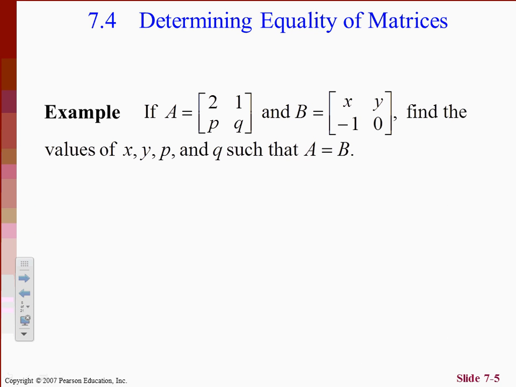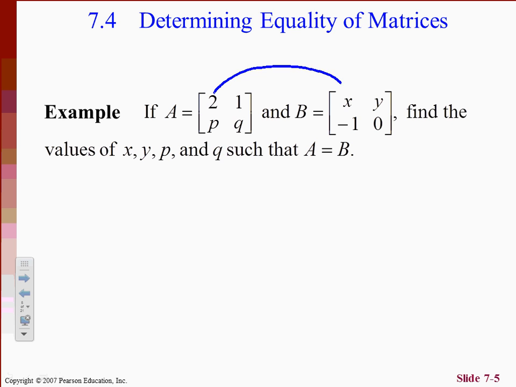Examples: if these two matrices are equal, find the values of x, y, p, and q such that they're equal. If they're equal, that means all the corresponding values are the same. This is not too tough if you understand what corresponding values means.